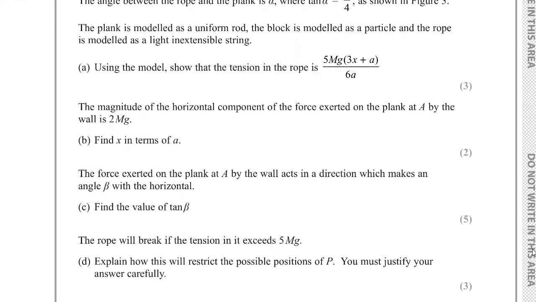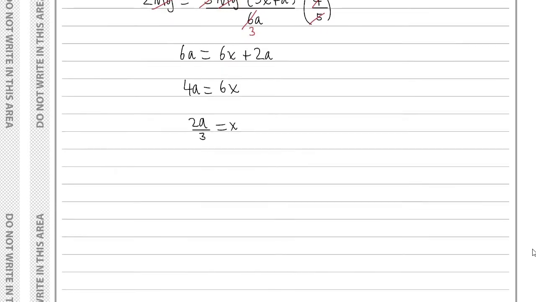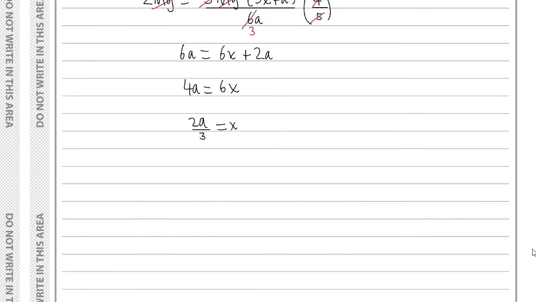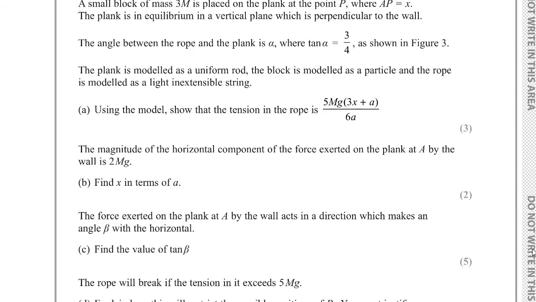So we have that F plus T sine alpha is equal to 3 mg plus mg. Now we have already established from part A that the tension is 5 mg 3x plus a over 6a.